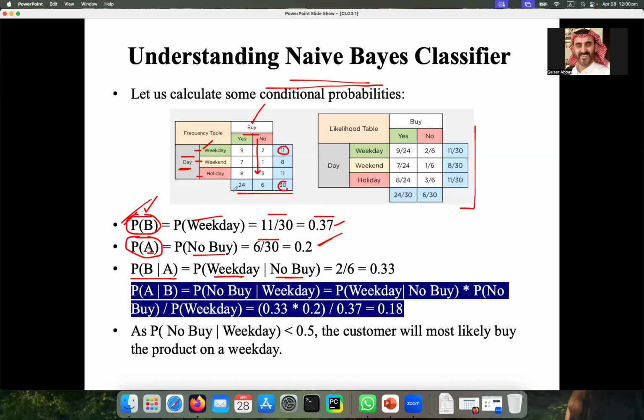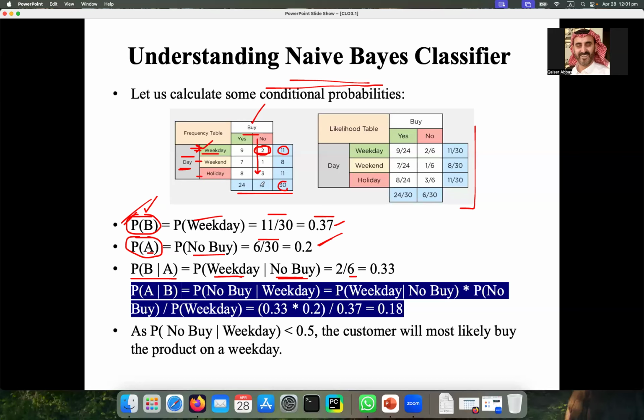So weekday given no is this entry, which is 2. Weekday is this entry, and given no buy, which is this one. And what is the total given no buy? Total six. So no buy is given, and what is the total number of no buys? Six. That's why that six is coming from here, due to this given. And weekday is what?